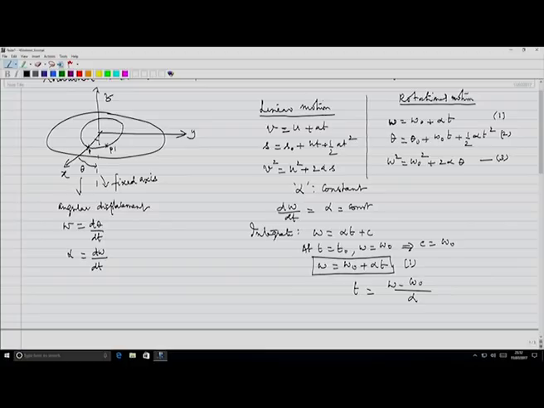The role of acceleration is taken over by alpha. So this is the kind of correspondence we have here. The role of S is taken over by angular displacement, linear velocity by omega, and linear acceleration by alpha.